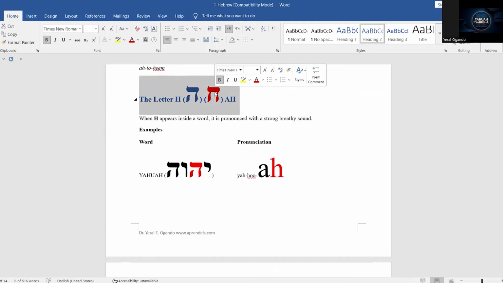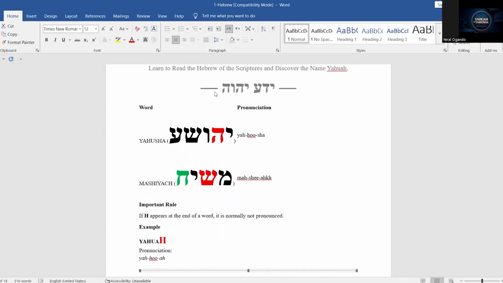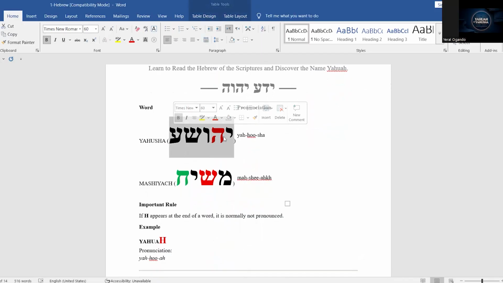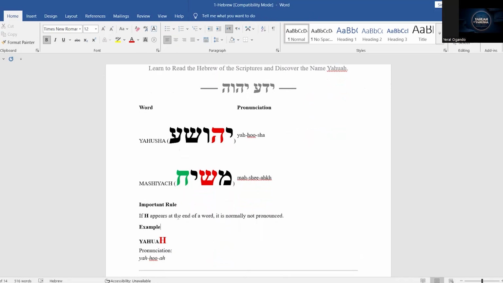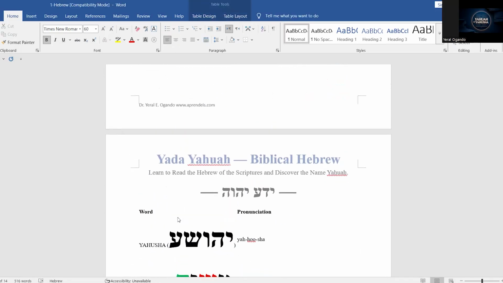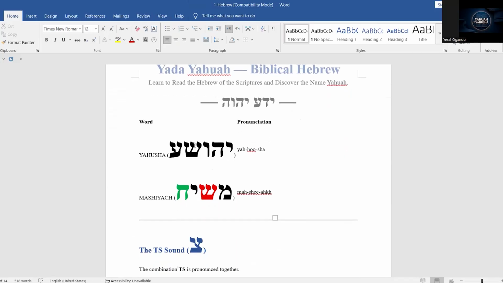And we have the Het sound, which is very strong. And these are 2 examples you have over here. You have Yahusha, and you have over here MASHIYACH, because it has the Het. It's a strong sound. MASHIYACH. We are reviewing. The next sound is the Shin, which is very easy for you. We saw it already in MASHIYACH and Yahusha.